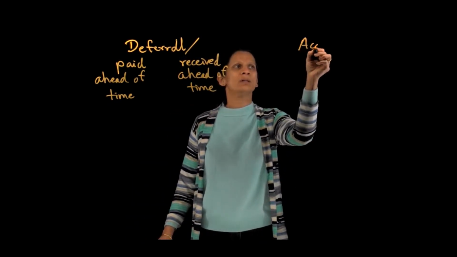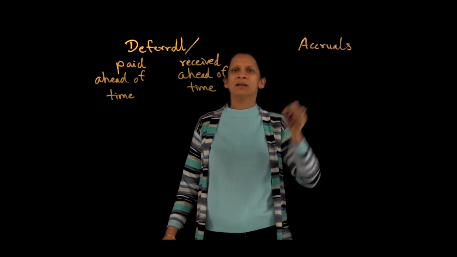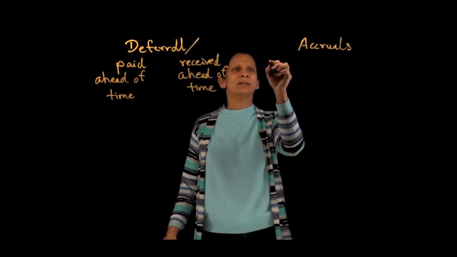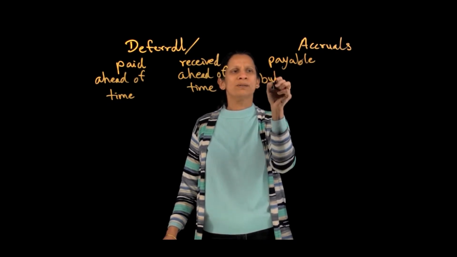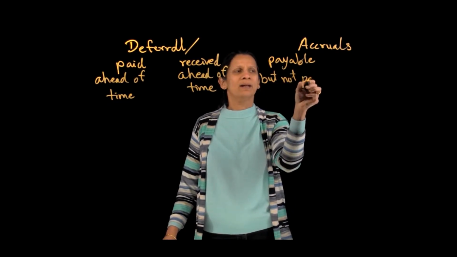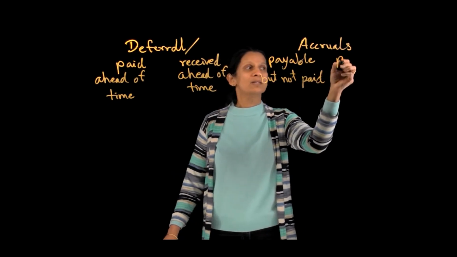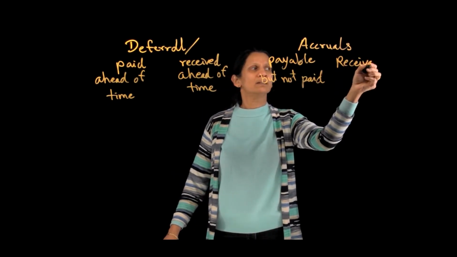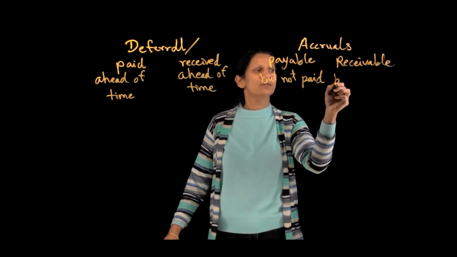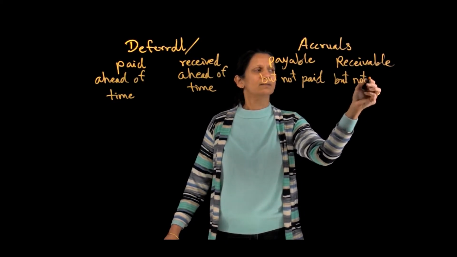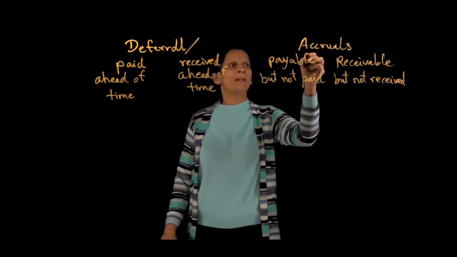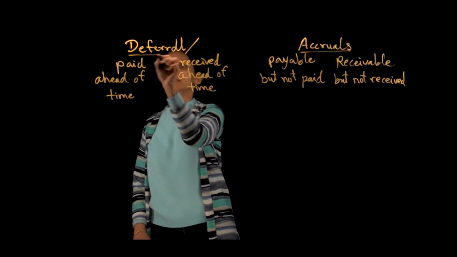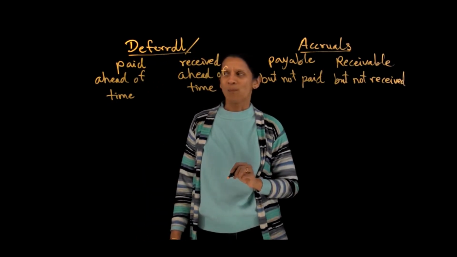Then the second half of that can be called accruals, the 2 parts being payable but not paid, and then receivable but not received. So these are the 4 categories of the adjusting journal entries. Let's learn them one by one.